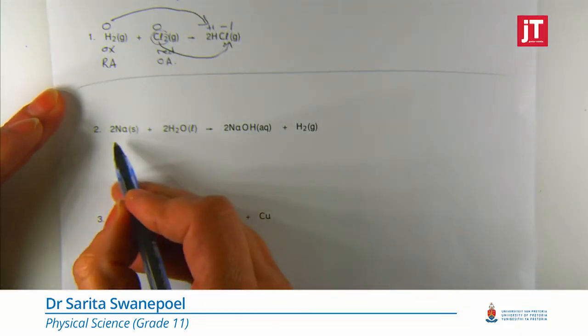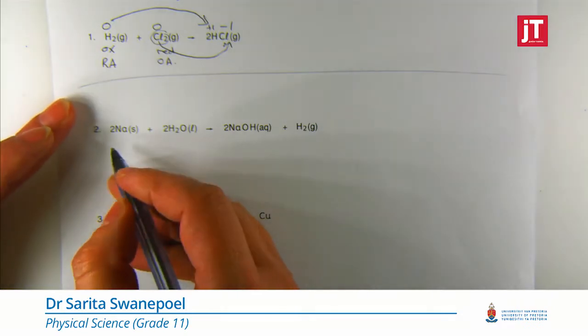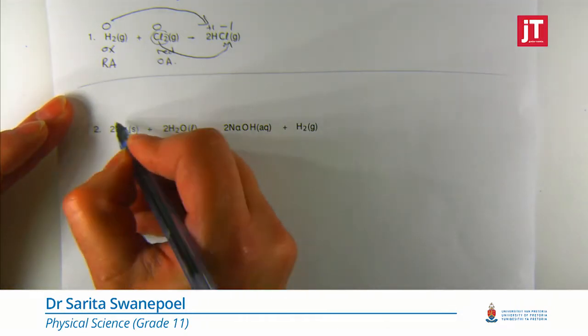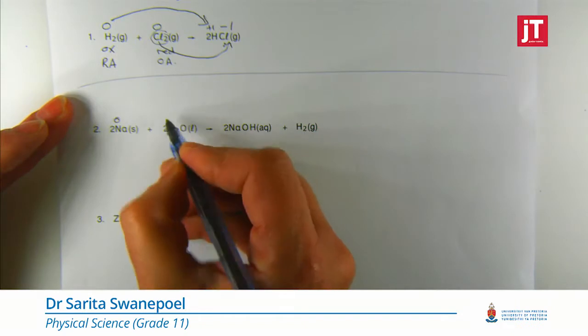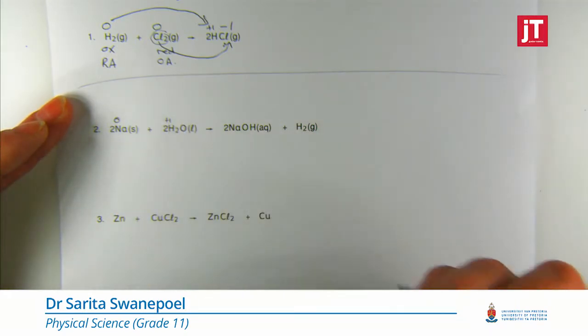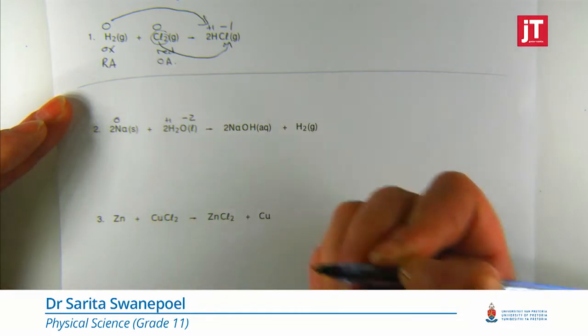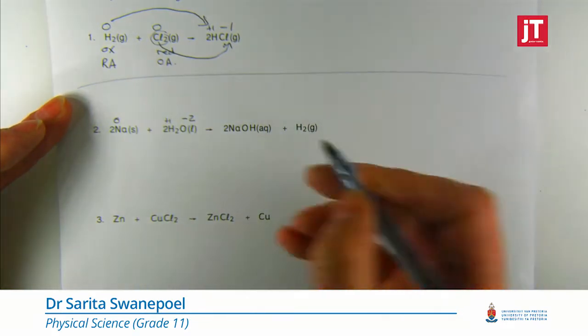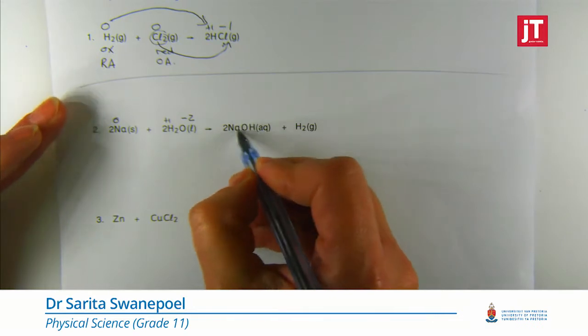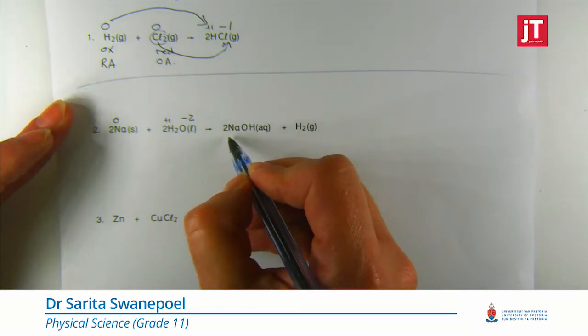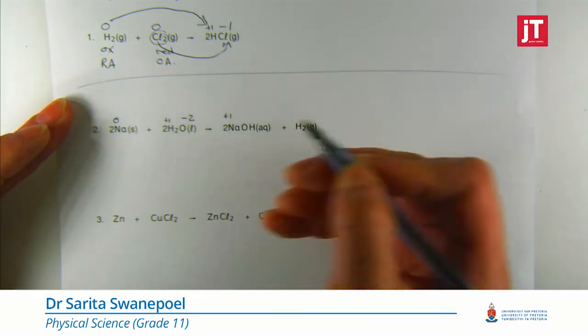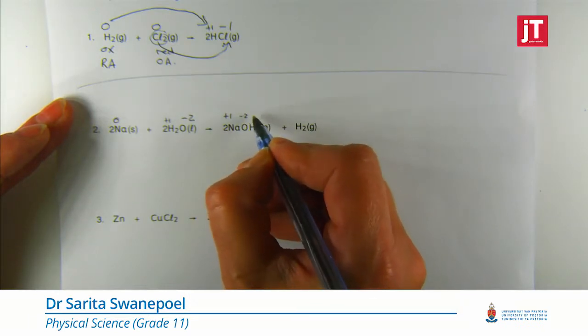Next one, sodium. On its own, what is the oxidation number? 0. Hydrogen in a bond, that will be a +1. Oxygen in a bond, that will be a -2. So afterwards, the sodium is in a compound. It's group 1, so it will be +1. Oxygen, once again, -2.